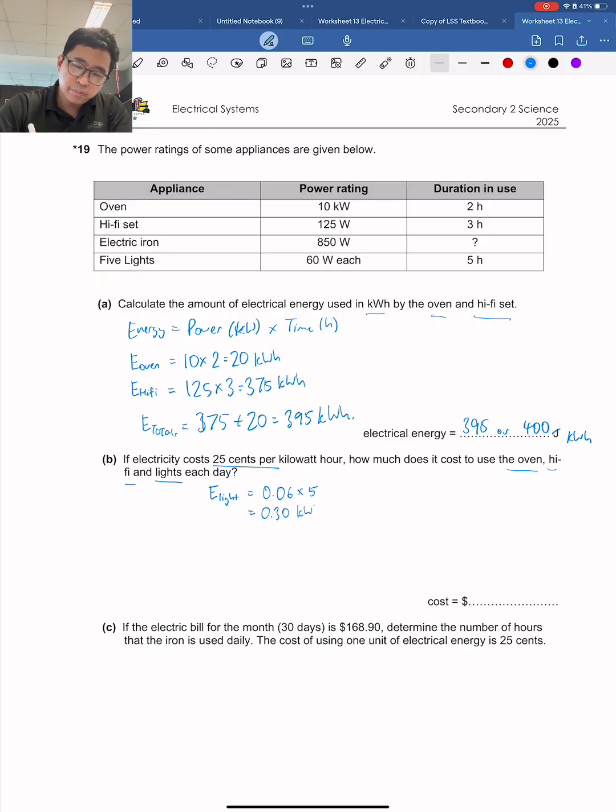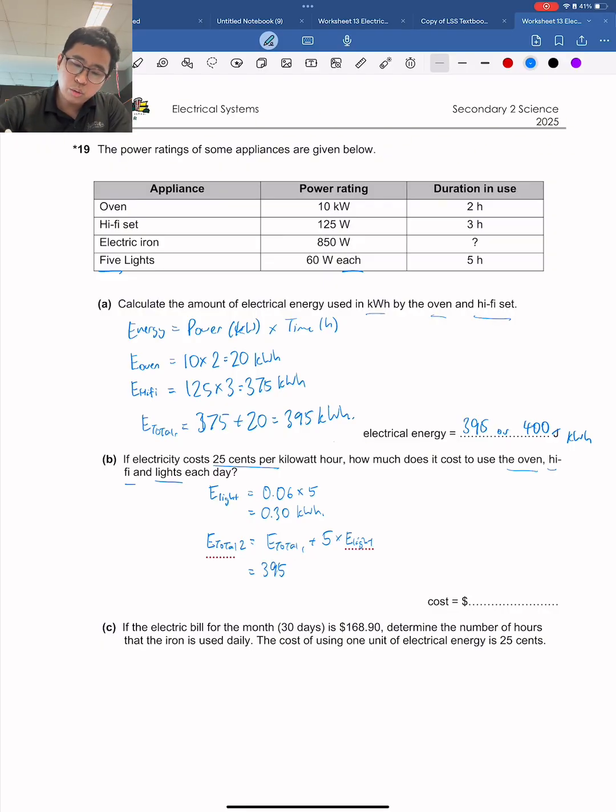kilowatt hour. So the E total 2 equals your E total 1 plus 5, because we have 5 lights and they're each, right? 5 times E light. So it's equal to 395.